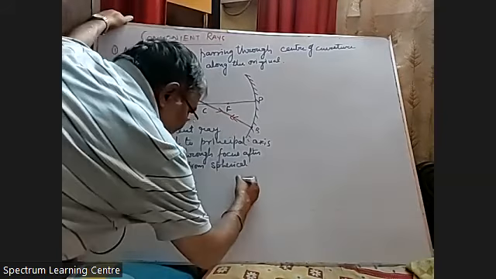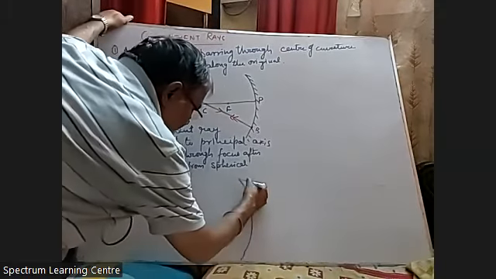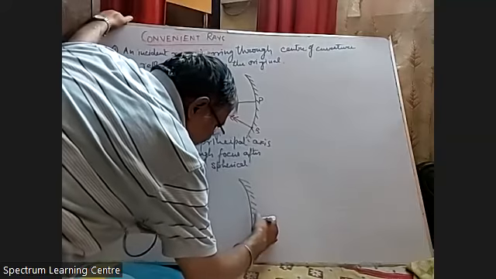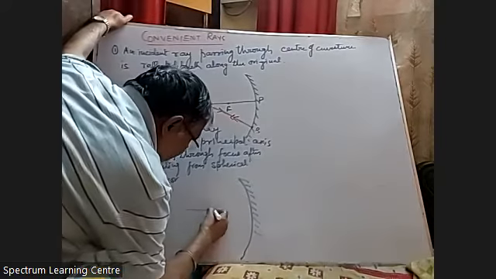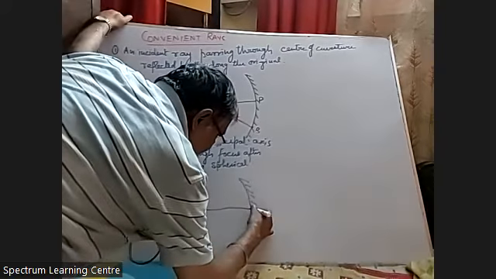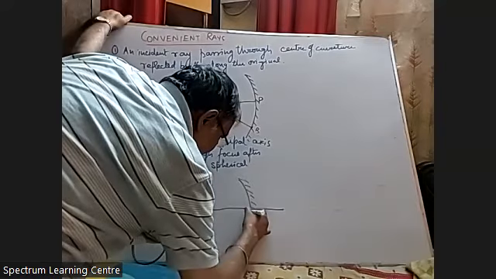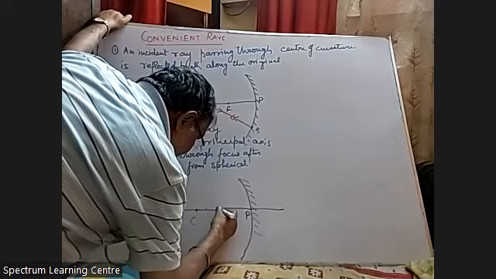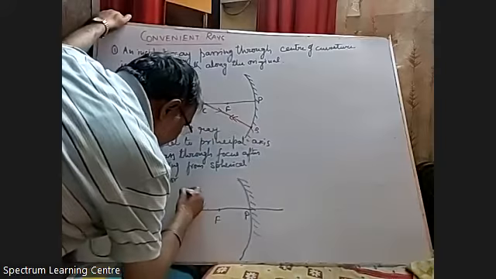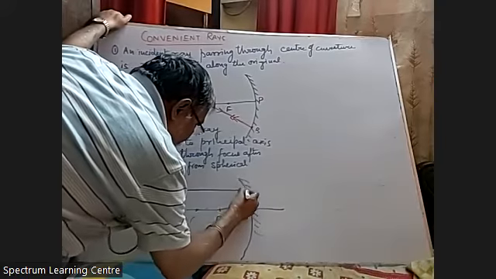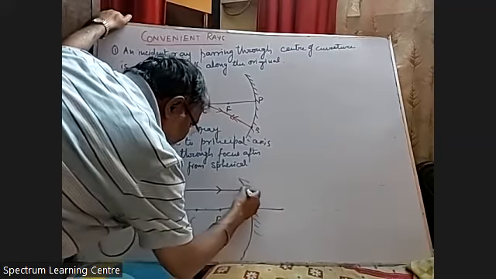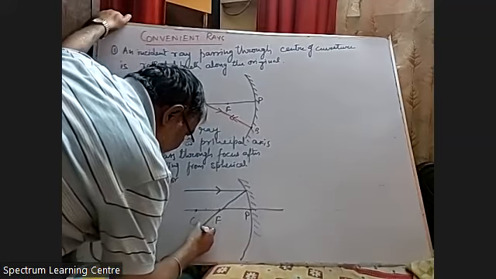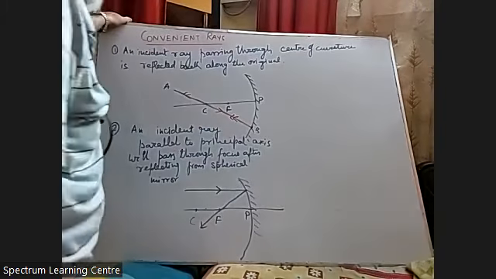So this is the spherical mirror. Now this one has to be the principal axis. This is P, this is C, and this is F. A ray passing parallel to the principal axis passes through the focus after reflection.